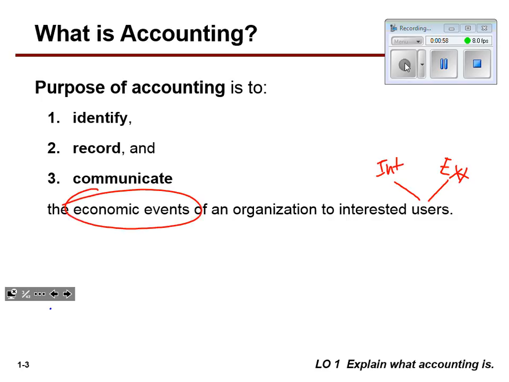Some things are not identified, recorded, and communicated. I'll give you an example. If we interview a possible new employee at HR, that's not recorded. It happens, but it's the job of the accountants to go, oh, we're interviewing possible new employees today.